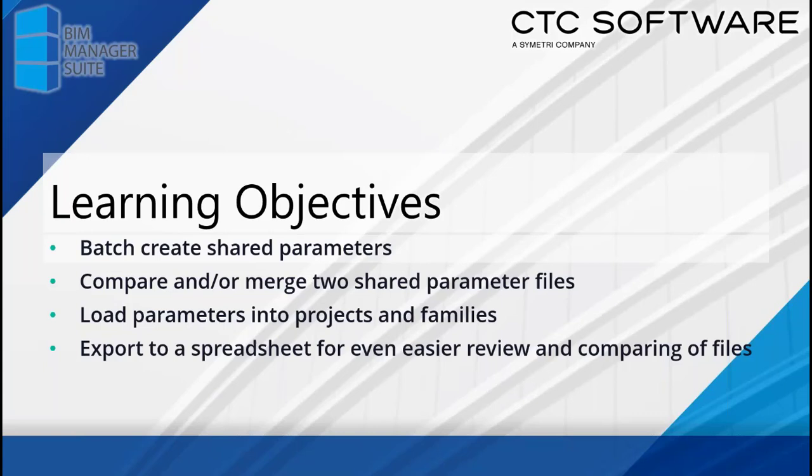Also going to show you how to take parameters found in your project and export them to their own shared parameter file so that they can be compared against your corporate master. We're going to take whatever we end up with and show you how to load those into your families and how to configure them for loading into a new family or an existing family, or into a project for that matter.